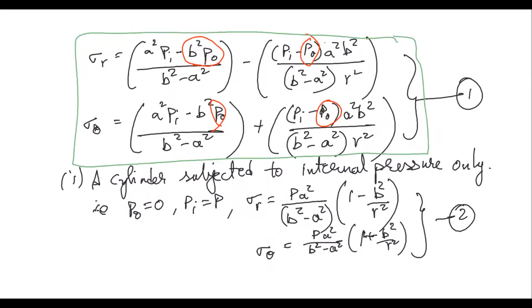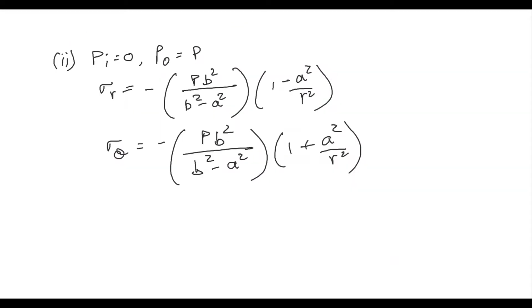Based on that, you can substitute the values over here and get the solution. So that is the general equation that we have derived for these kinds of circular materials.